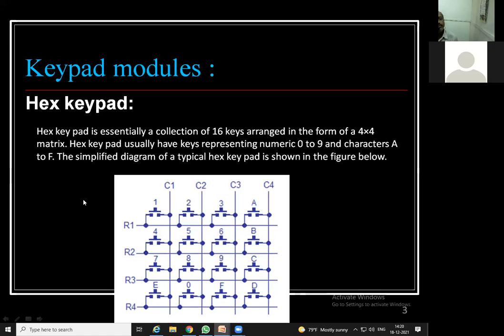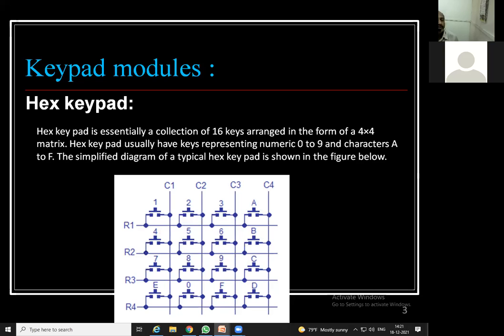As you can see in this slide, this is a keypad module. The keypad module is in the form of a matrix of rows and columns. Where have you seen this type of structure? A practical example is the landline telephone, if you remember.